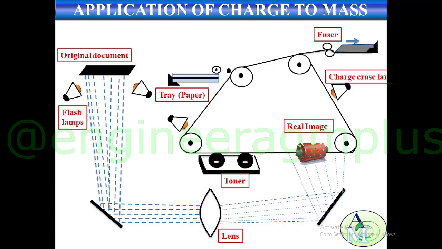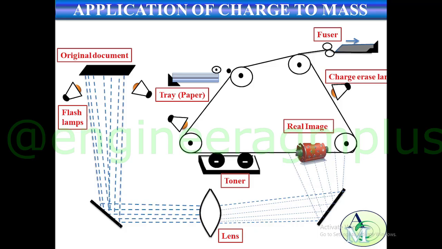Now the dark written areas retain a positive charge because this drum is already positively charged. Then it goes to the toner. Now the drum has a charge pattern that matches the document: positive where text is and neutral where the background is.